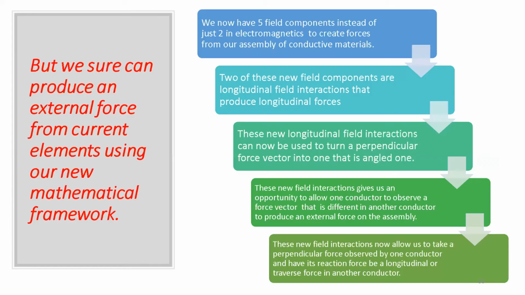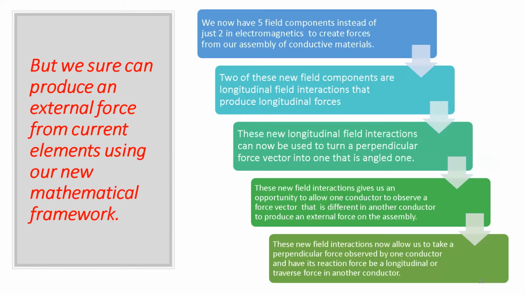We have 5 field components here instead of the 2 in electromagnetics to create forces from our assemblies. These 2 new field components are longitudinal field interactions that produce longitudinal forces. And these new longitudinal field interactions can now be used to turn a perpendicular force vector into one that has an angle on it.